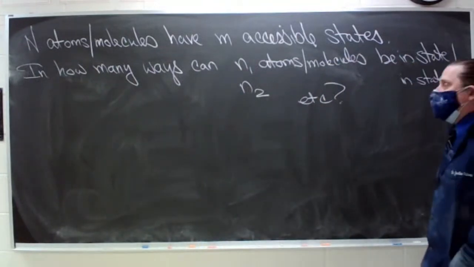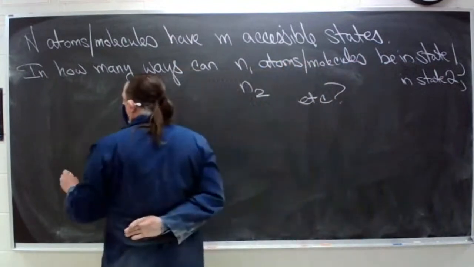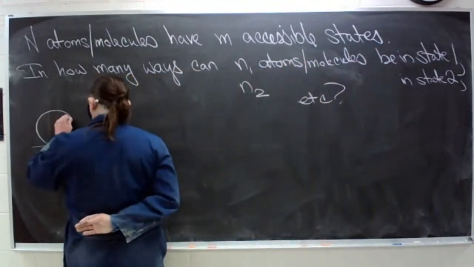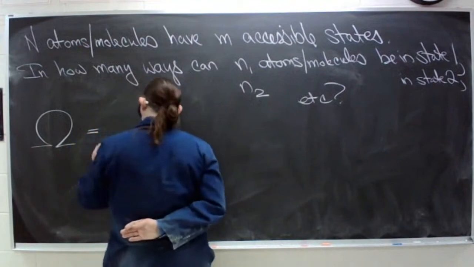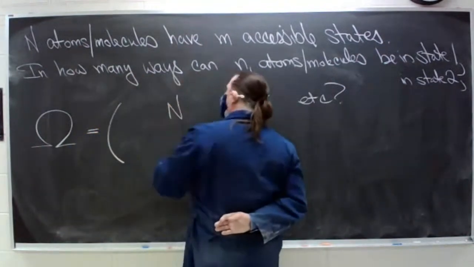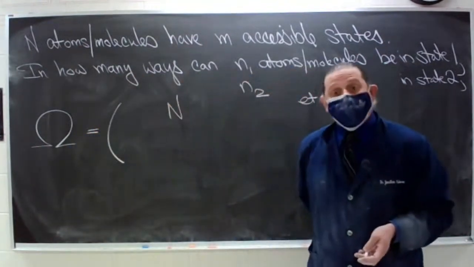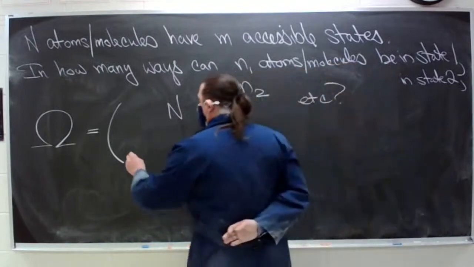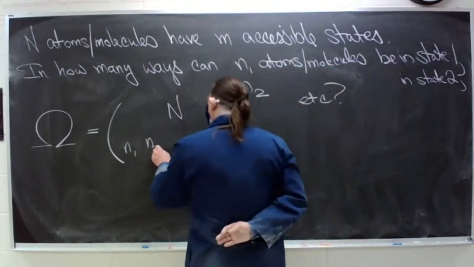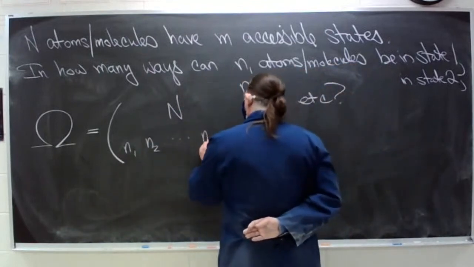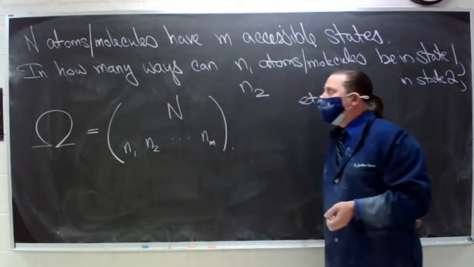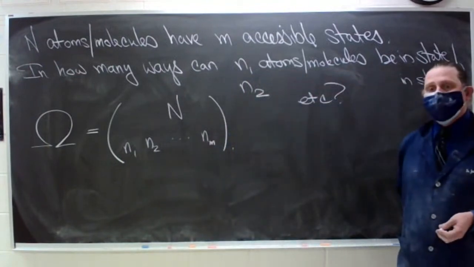Well, more or less obviously, this is given by our n atoms, and I'm going to put n1 in the first state, n2 in the second state, all the way up to nm in the last state.